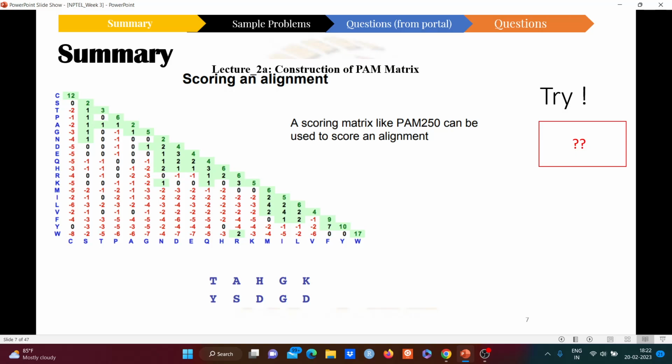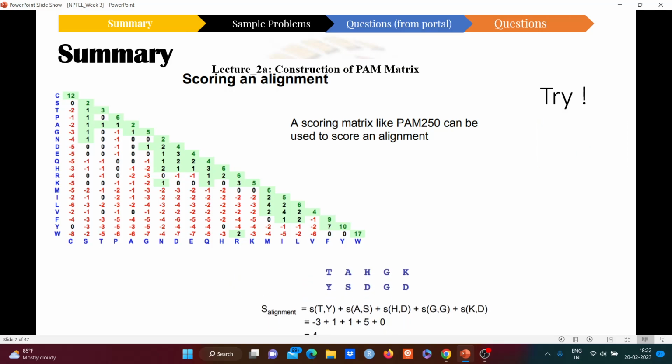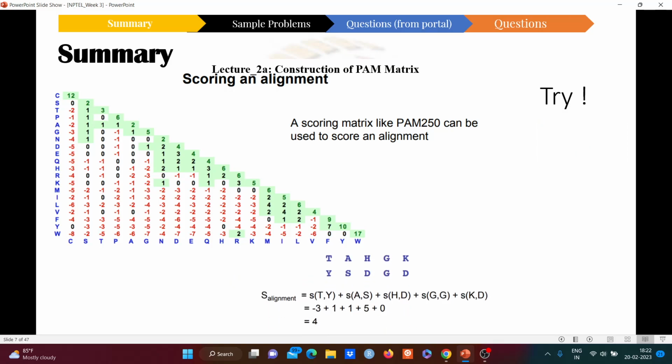Yeah, the first step is we need to identify the matrix score for the observed combinations. So here the combinations will be T and Y. The score of T and Y in the given PAM matrix is -3.